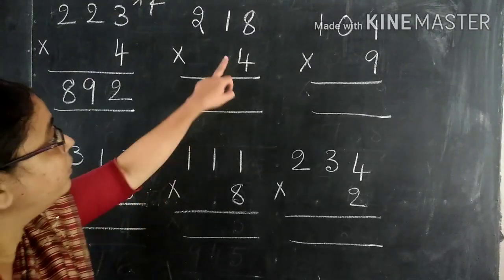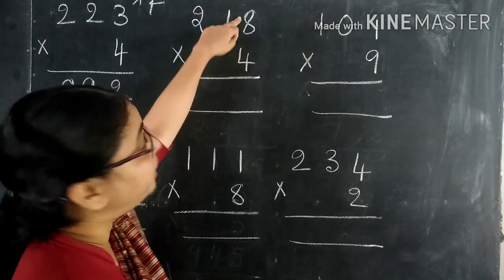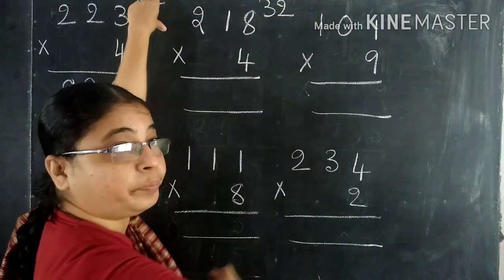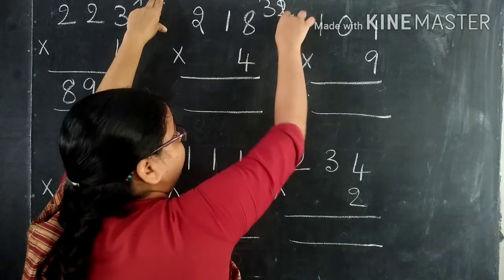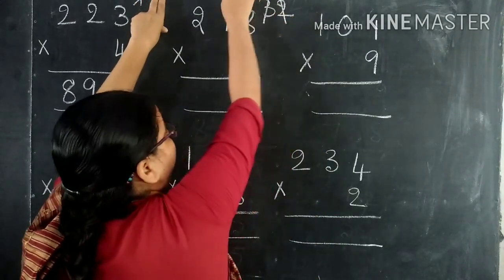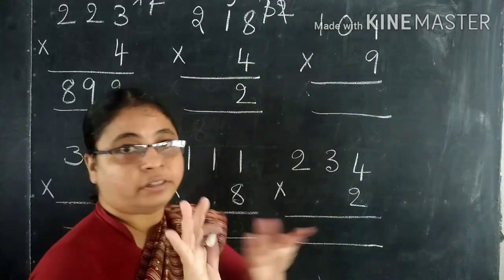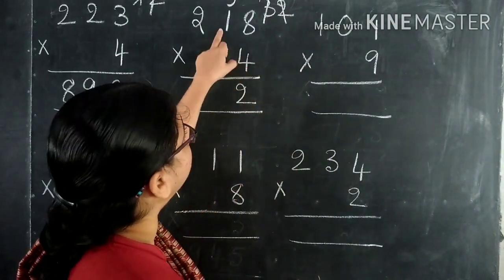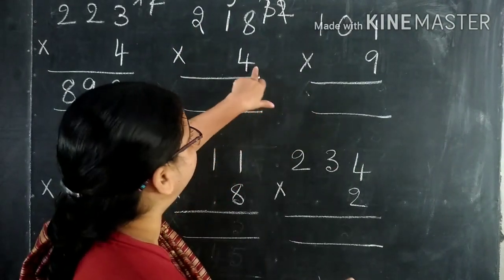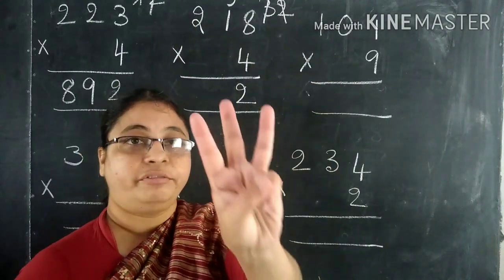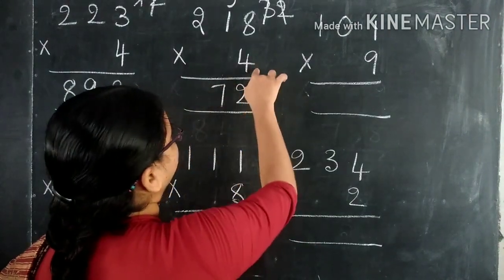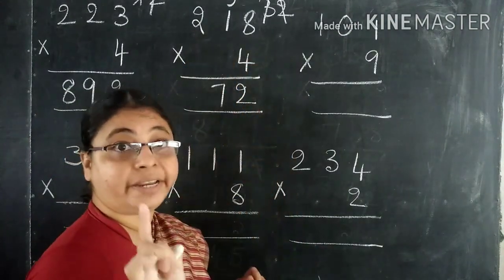Okay? Now 4 8s are how much? 32. So this 2 you will write in one's place and the 3 will be carried to the next place. Clear? 4 1s are 4. Here 3 is there, we have to add. 4 1s are 4, 5, 6, 7. 4 2s are 8.